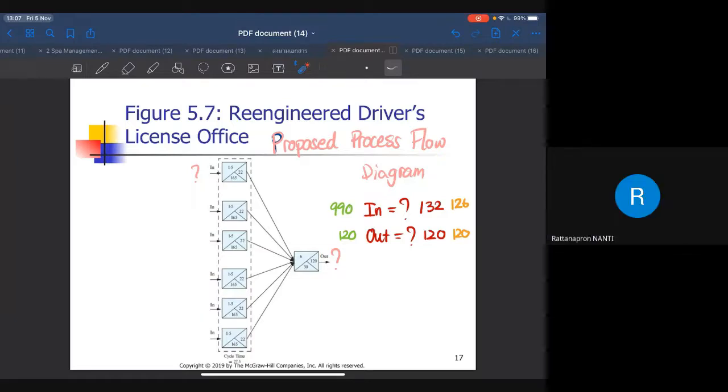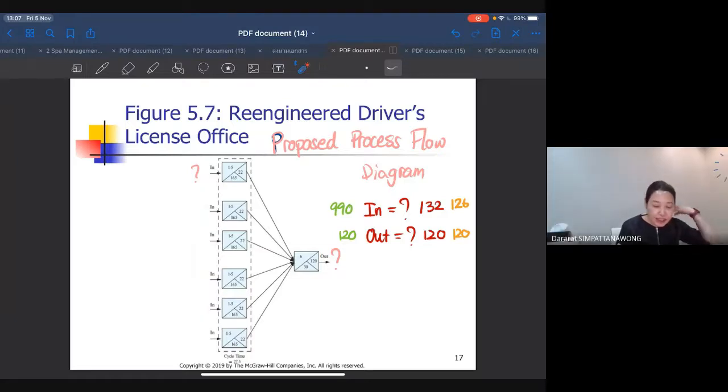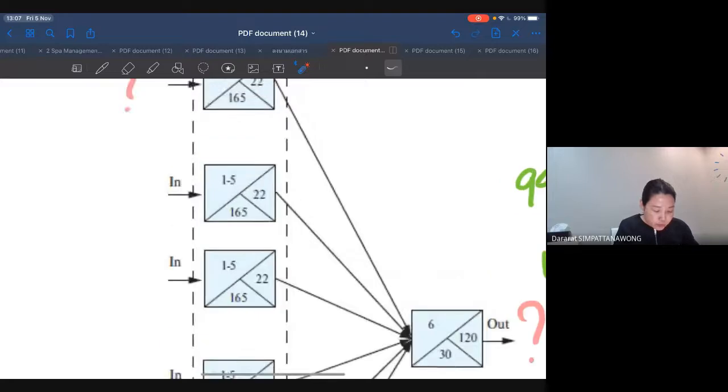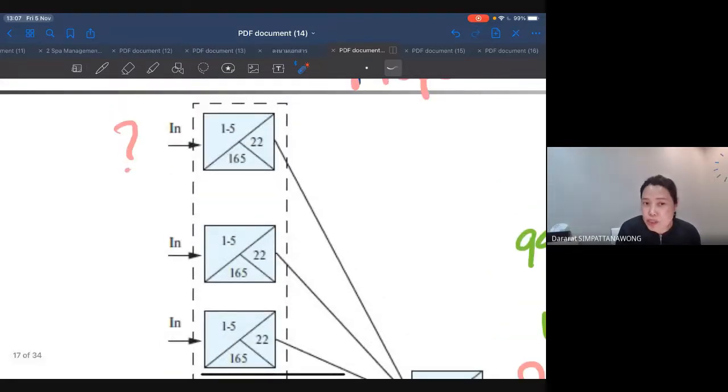Okay, so you have this area to write down the activity numbers, and then 165. How did you get 165? No?